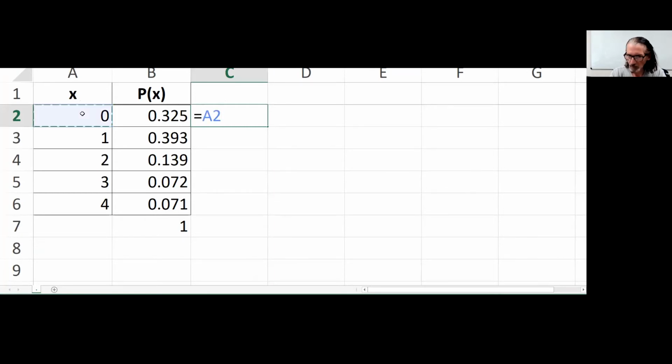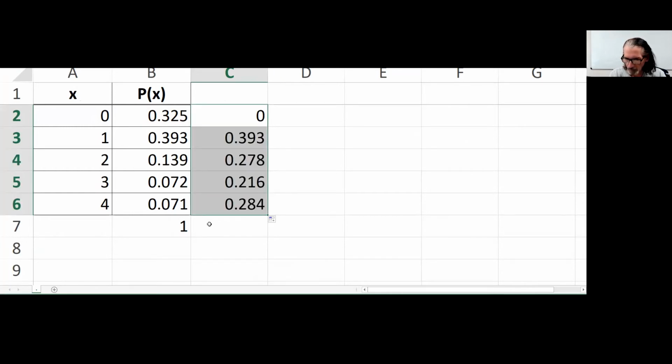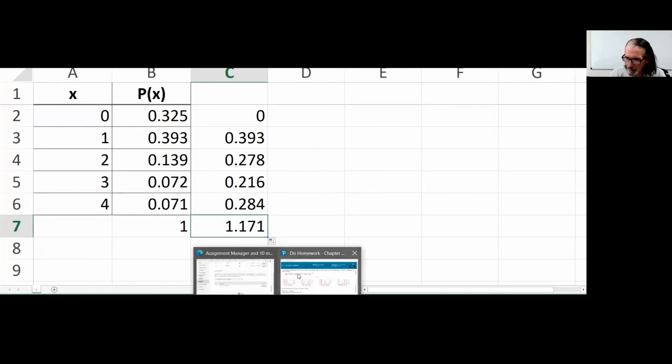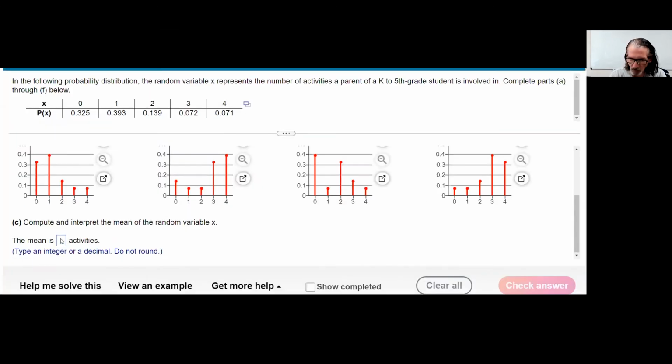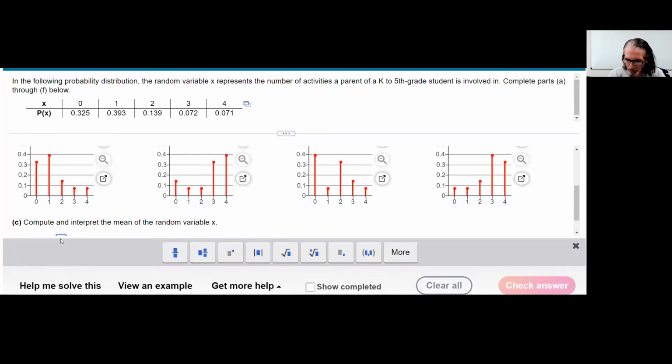So on Excel, we can do it this way, and then drag the bottom right corner. And then we need the sum. Since I already have a formula for sum here, then I could drag that. I'm getting 1.171. I'm going to check that, and if it's right, then we'll also see it done on the TI-84.